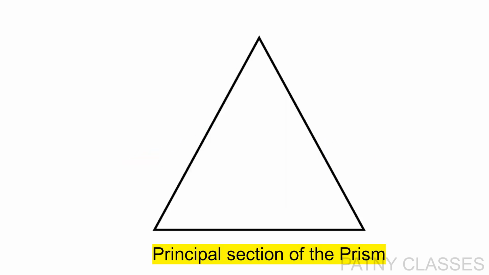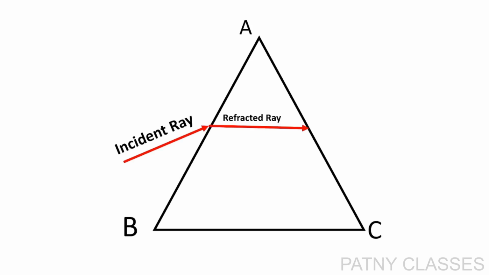Consider the principal section of the prism, that is ABC. There are three rays here: one is the incident ray, the second is the refracted ray, and the third is the emergent ray.